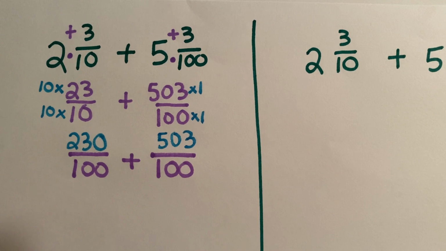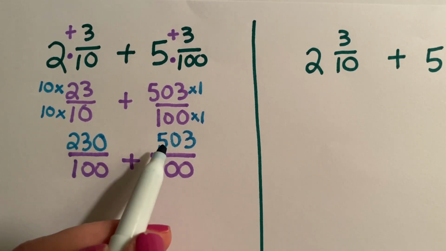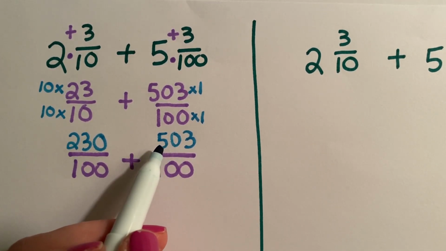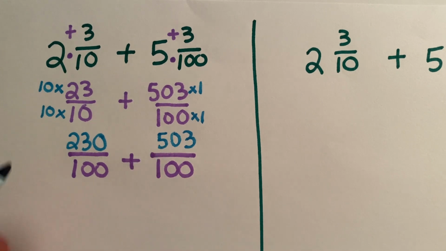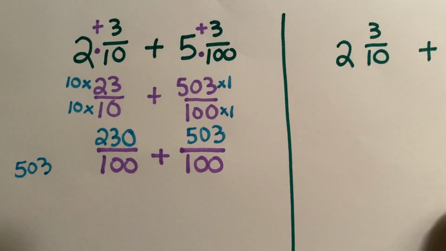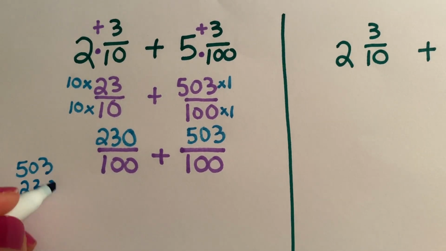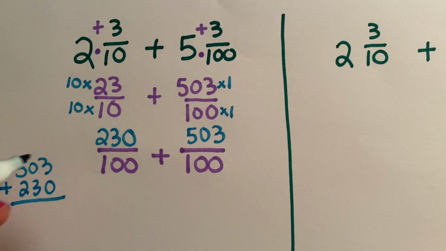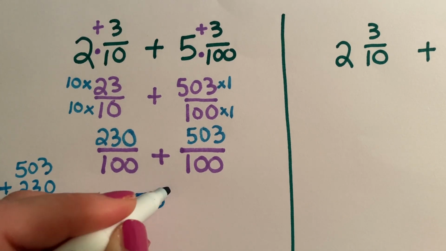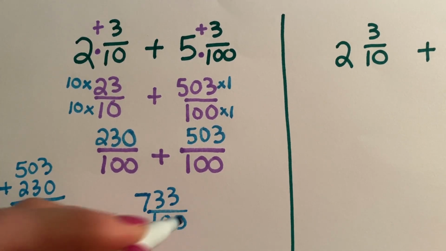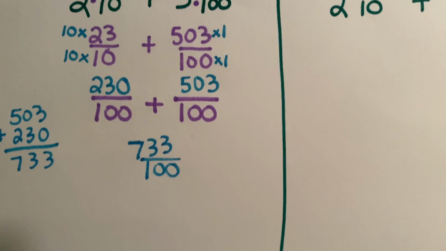Now that we have a common denominator, we can combine our numerators. 503 plus 230. Add those up. That's going to be 733 hundredths. And now that's improper.